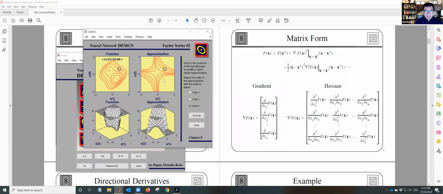We know this function, and we calculate the first order derivative and second order derivatives. Then we have the gradient and Hessian matrix. Based on the gradient and Hessian matrix, we can explicitly write the function form of the approximation. This is second order. If I use order 1, you see this is order 1. If we put order 1 and order 2 in different locations, what's the difference?